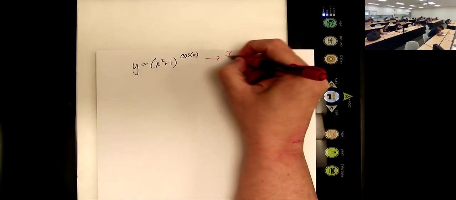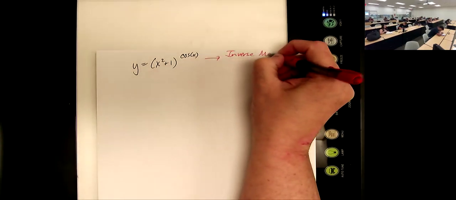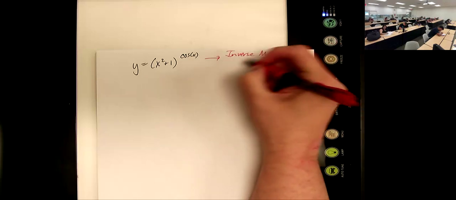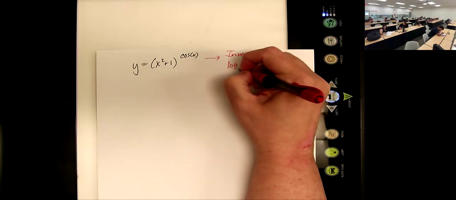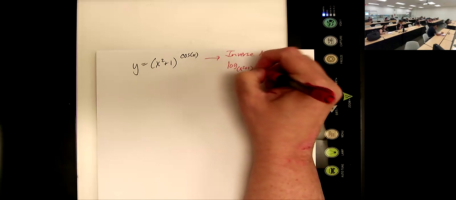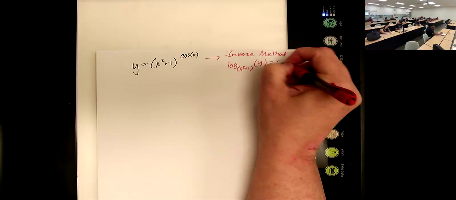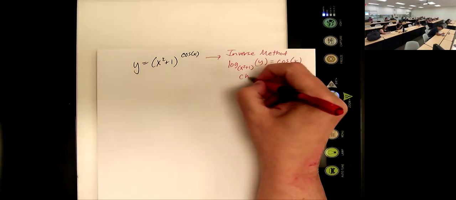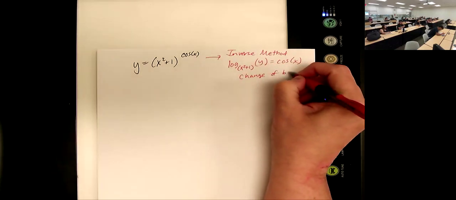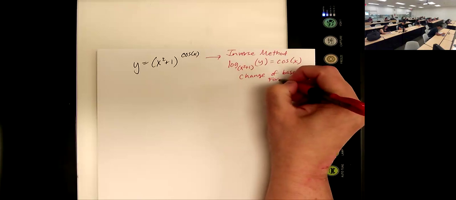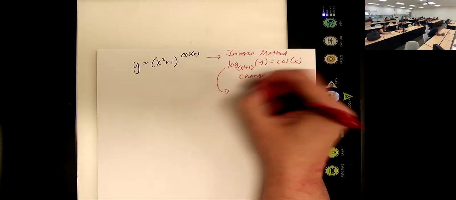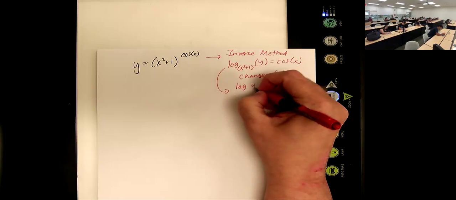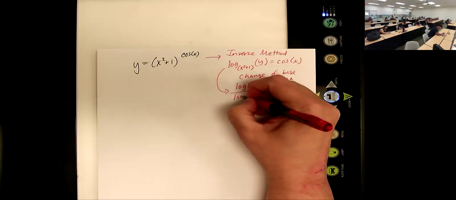The inverse method would be writing this as log of base x squared plus 1 of y equals cosine x. And then using the change of base formula, we could rewrite the left side as log of y over log of x squared plus 1.